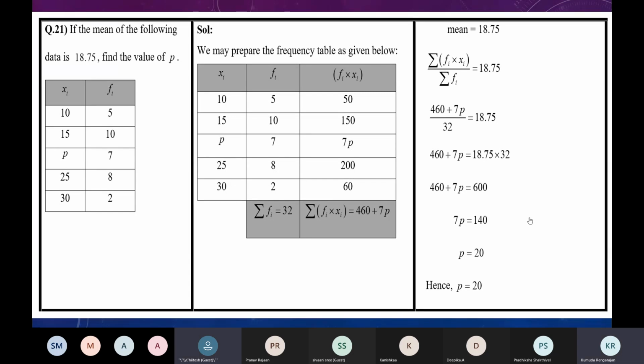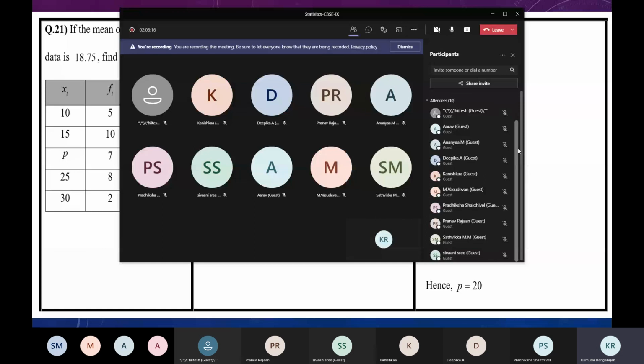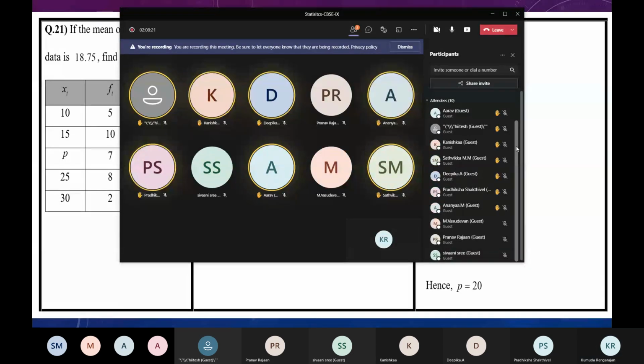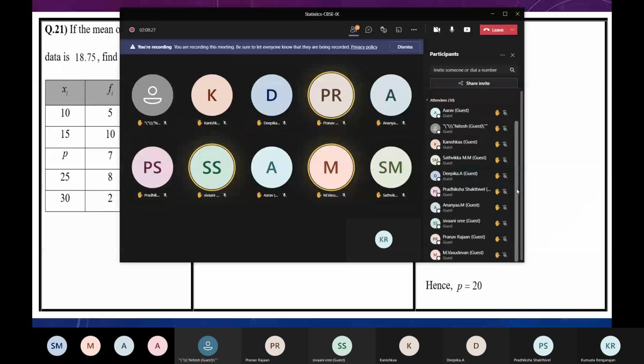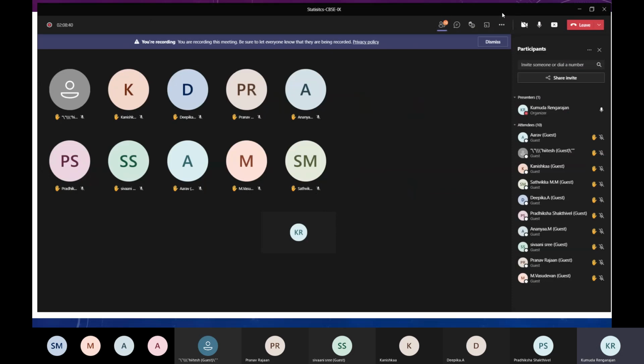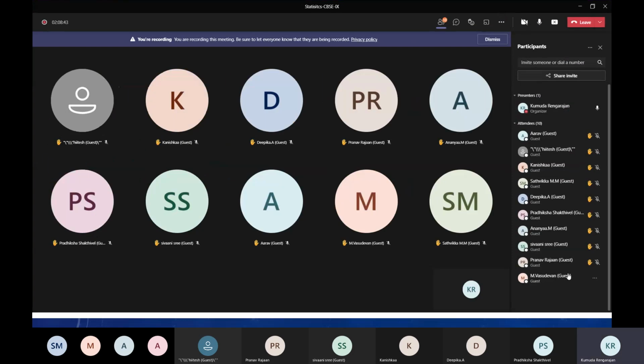Let's see how many of us are there in the meeting. Class, use the emoji, raise your hands. Vasudevan, Pranav, Shivani, Ananya, Pratiksha, Deepika, Satvika, Kanishka, Hitesh, and Arav.